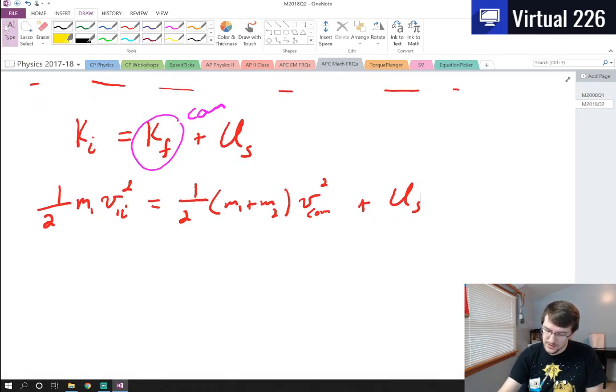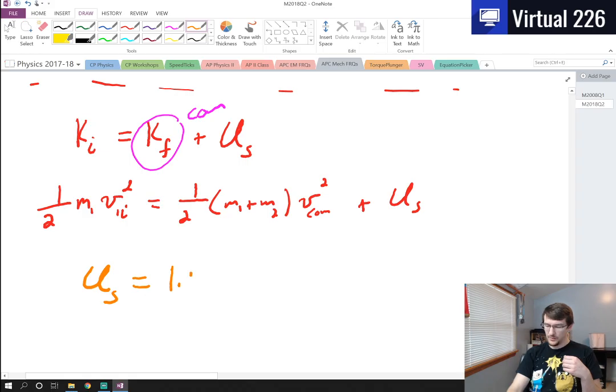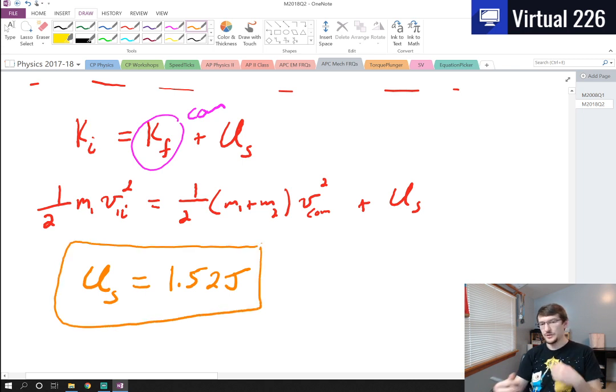When you do this and you plug in all of your numbers here for what we found for vcomm and everything else, we see that we end up getting a spring energy that's stored of about 1.52 joules. That is the same as what you would get above if you did the derivatives.